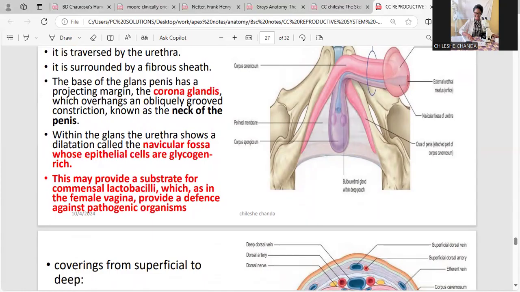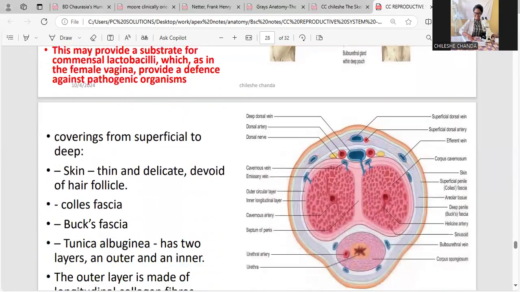The same way in the woman we have normal flora that produce acid in order to protect the vagina from pathogens, even in the navicular fossa you're going to find these cells that produce a substrate for commensal lactobacilli, which are also important for defense against pathogenic organisms.